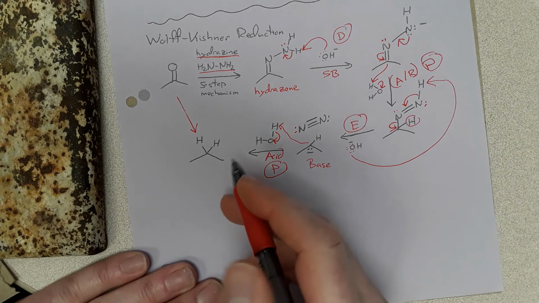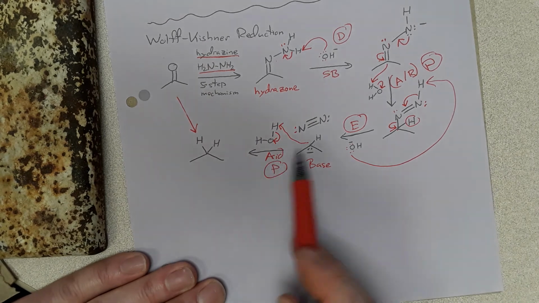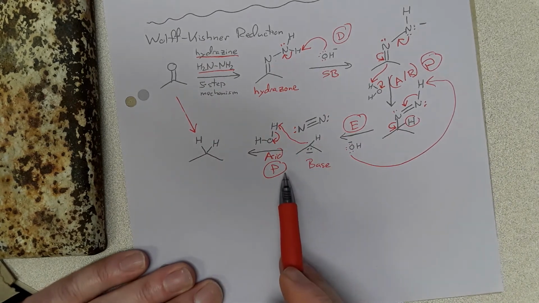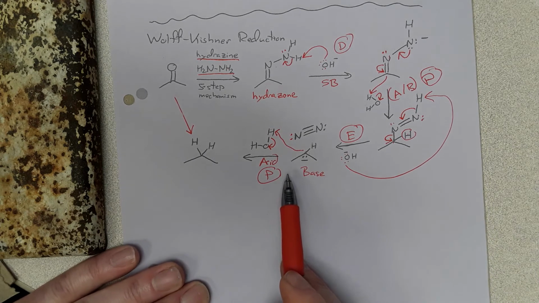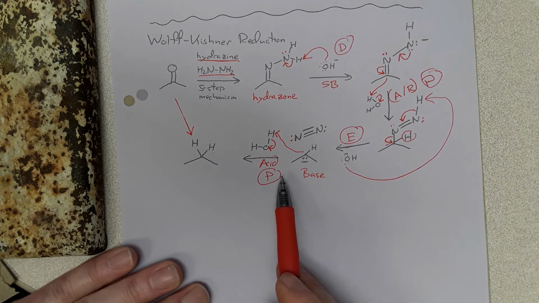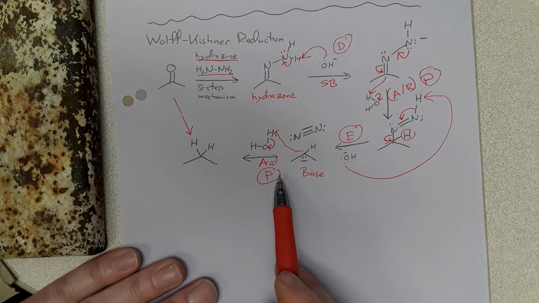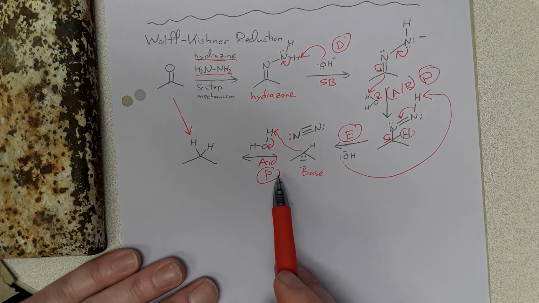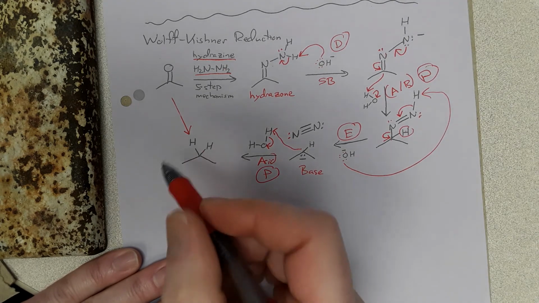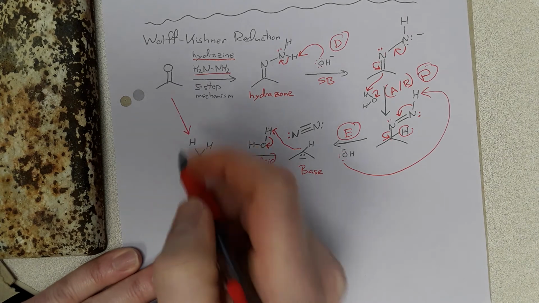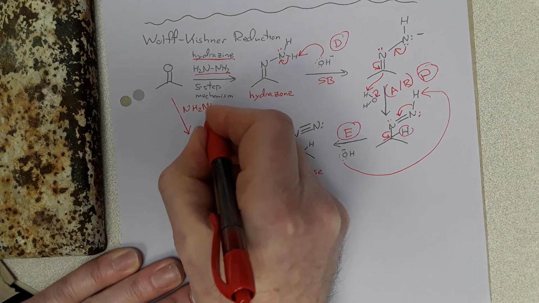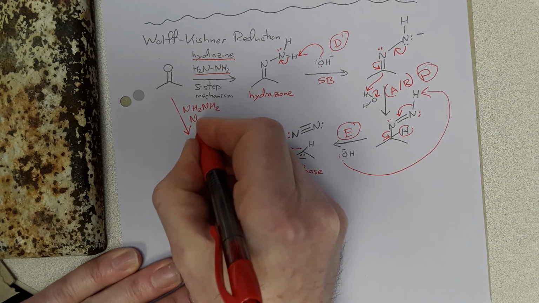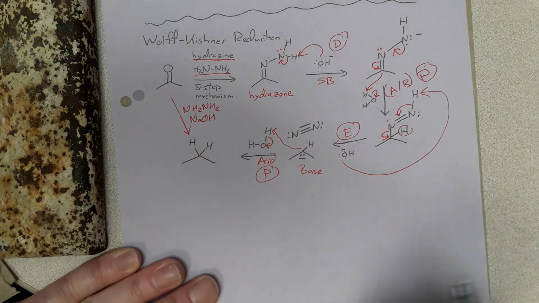Just an interesting mechanism, tying in and using the principles that you have been taught over the previous few weeks for drawing mechanisms and using curved arrows. In the end, this is just a nice tool for getting rid of a carbonyl if you need to, and the reagents are hydrazine and hydroxide, sodium hydroxide.